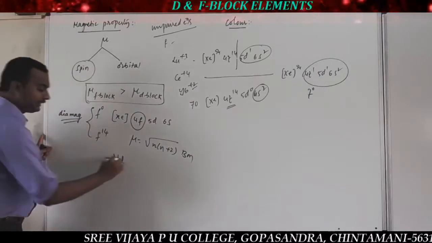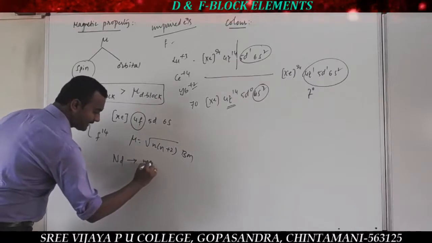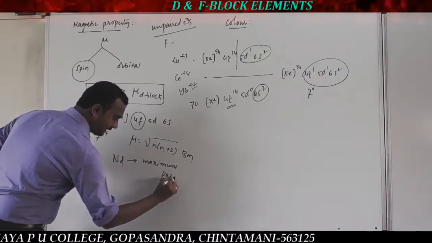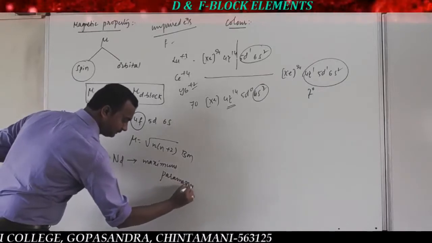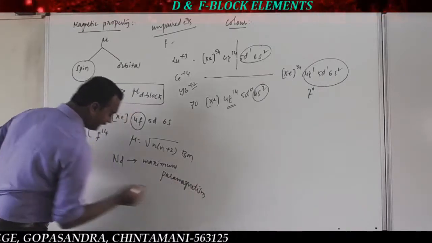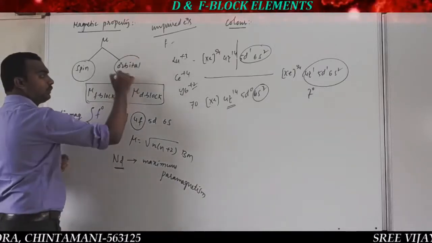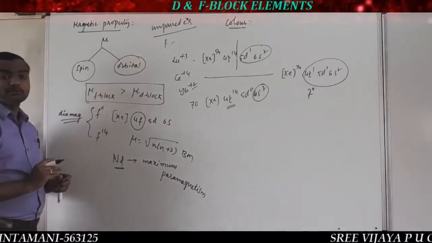Neodymium shows the maximum paramagnetism. Neodymium has more unpaired electrons, but you don't look only at unpaired electrons, you have to concentrate on orbital contribution also. In f block elements we don't look only at spin, we have to look at the orbital contribution.